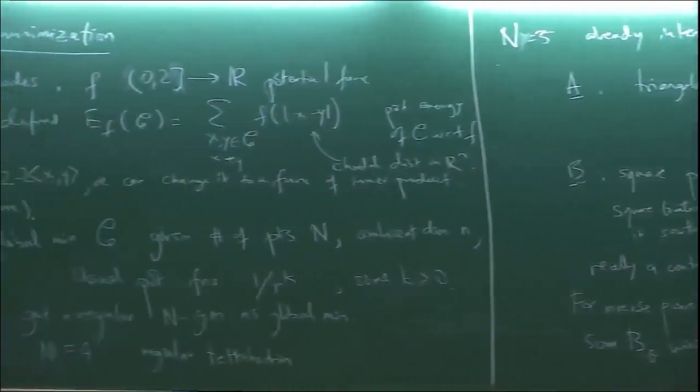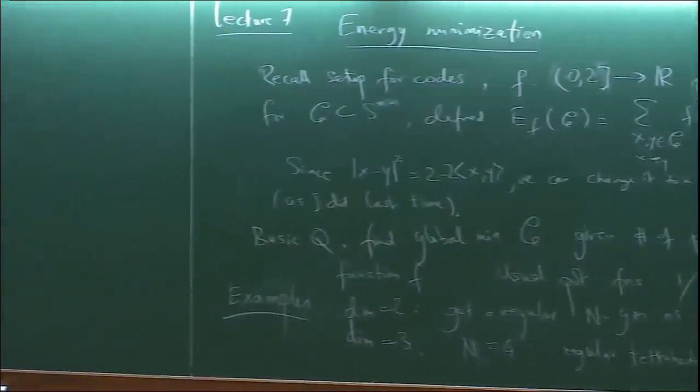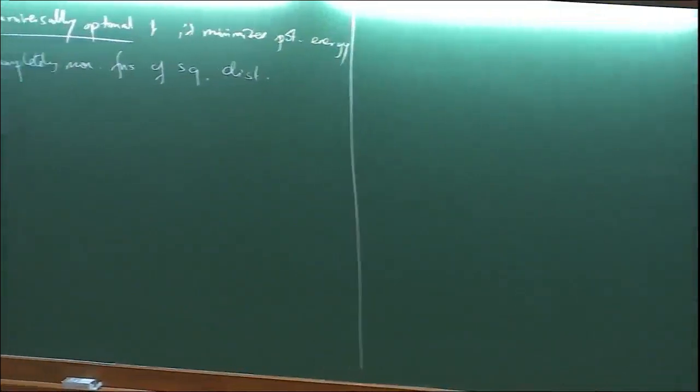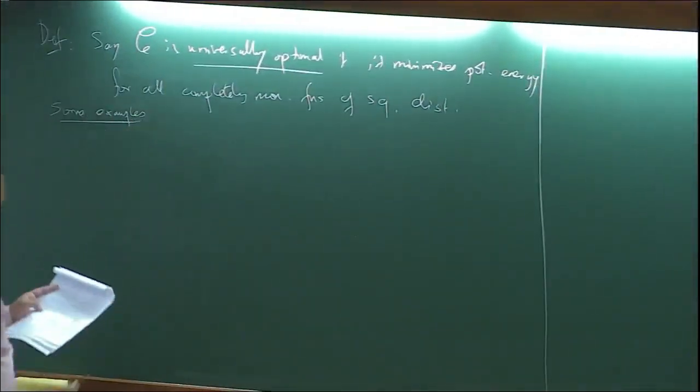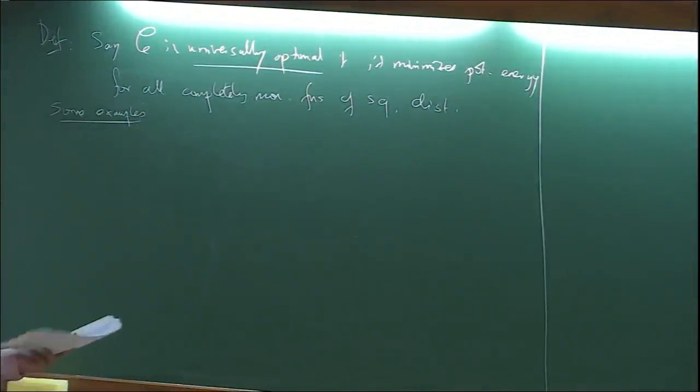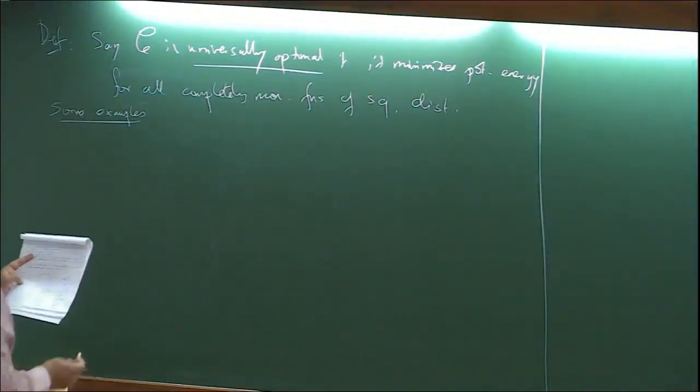Okay, so there are examples, namely I've listed some for you, but let me make a large table of examples. This table you can see in my paper with Henry Cohn, universally optimal distributions of points on spheres.